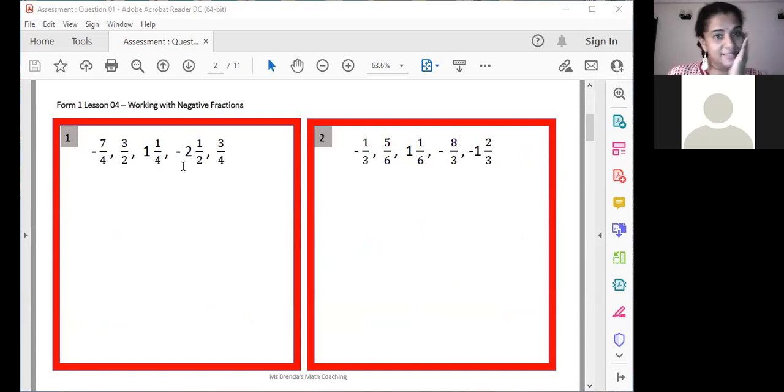The first exercise here, you read later when you watch the recording. So now we'll continue. Here we have a set of numbers. Look at question number 1, guys. What you're supposed to do here is actually rearrange the numbers from smallest to the biggest. How are we going to do this?